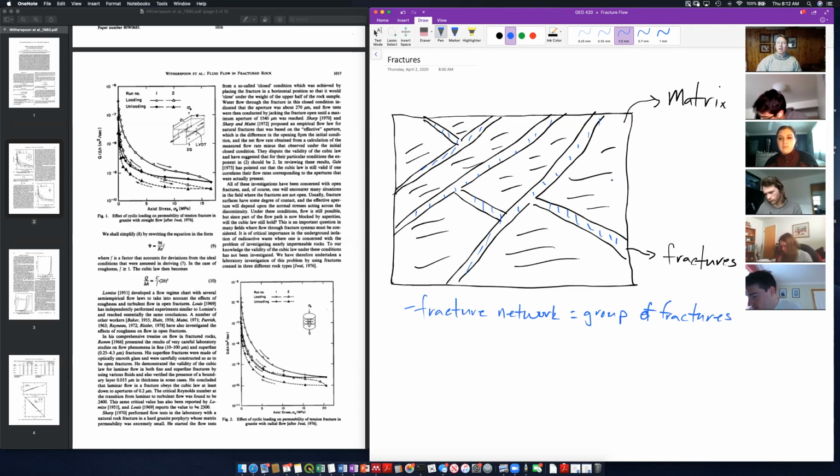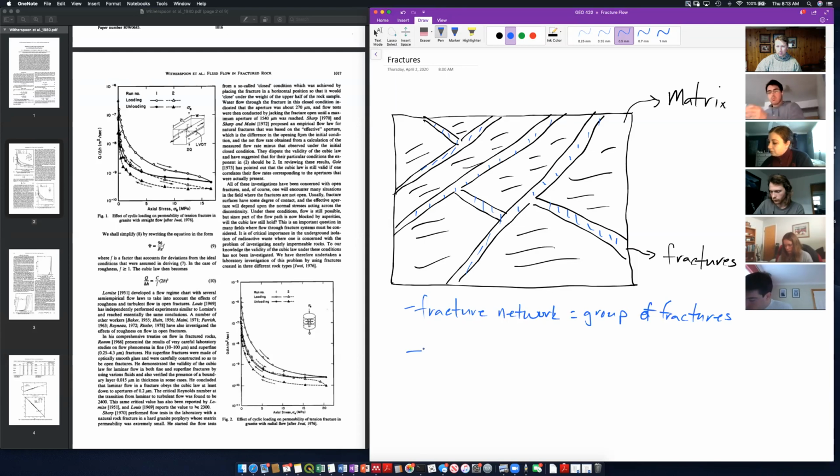And fracture networks, we characterize them by a few different measurements. One of them we'll talk about is the fracture density. That's how many fractures we have per unit area.